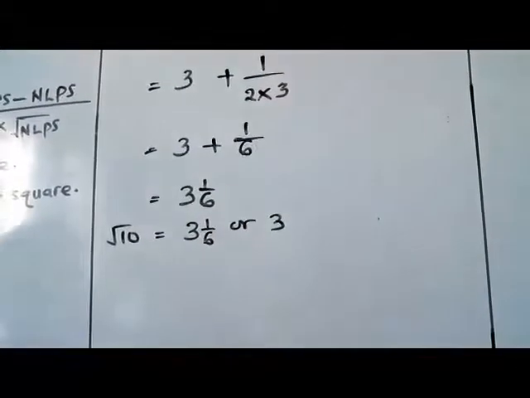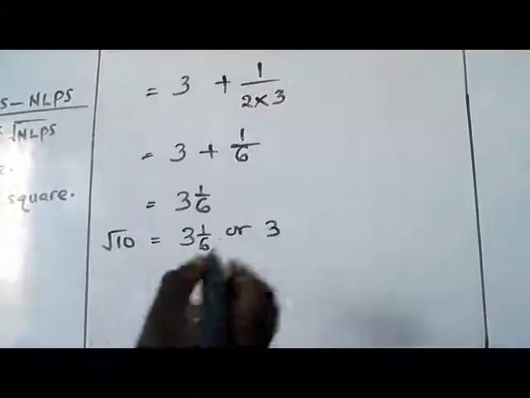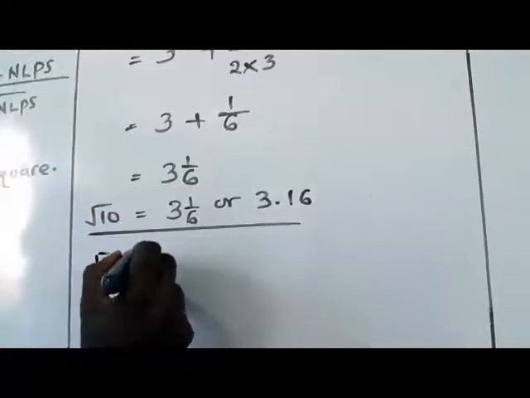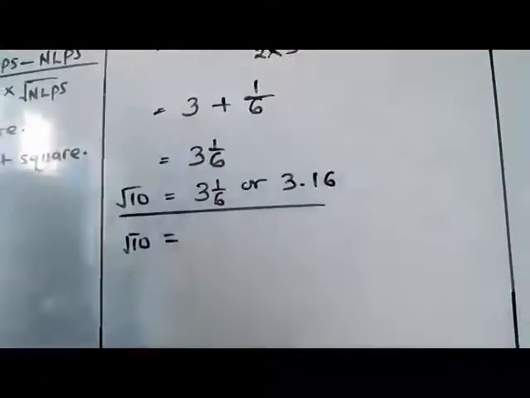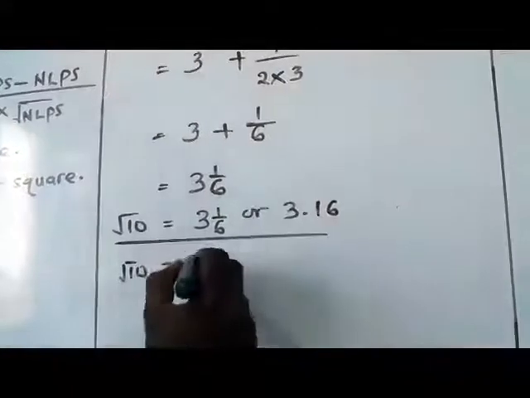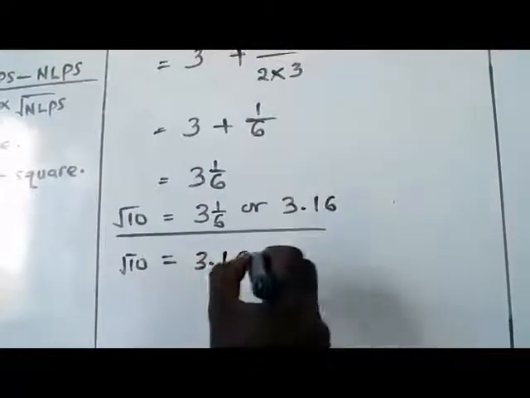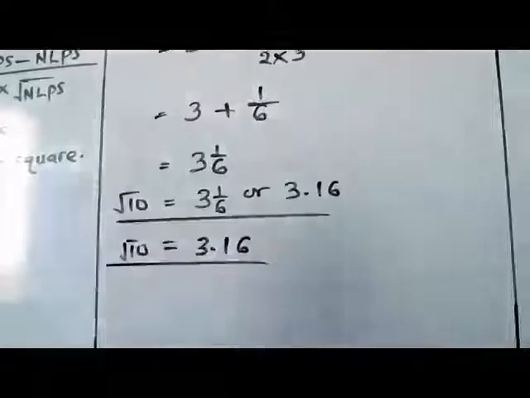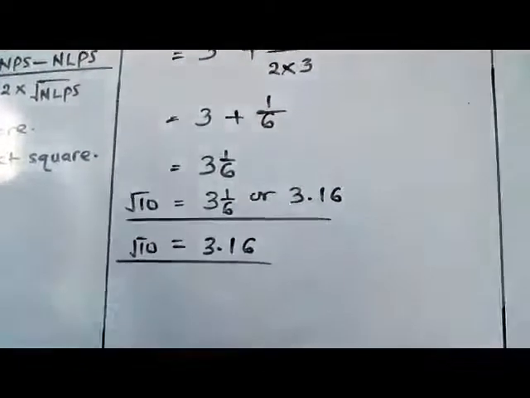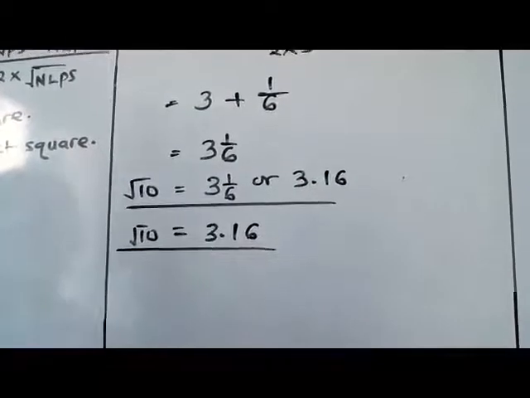What did you get? That will be 3.16. Now let's do a quick check on this. If you punch your calculator, what do you get as the square root of 10? Very lucky. We have the exact answer, 3.16. You see, sometimes it can be very, very close, and sometimes it can be very exact, just like we have in the practice exercise.